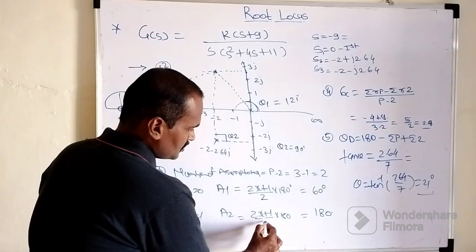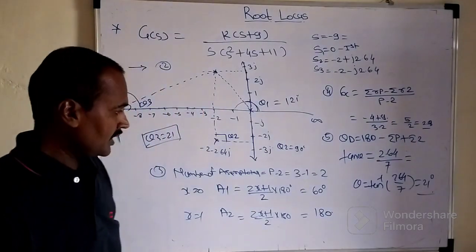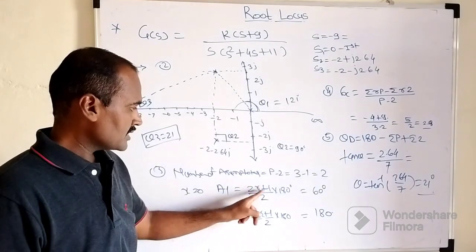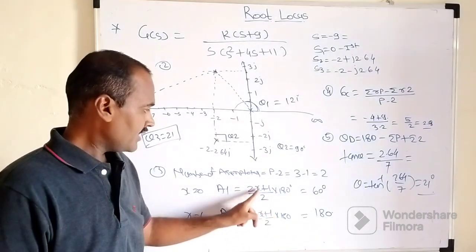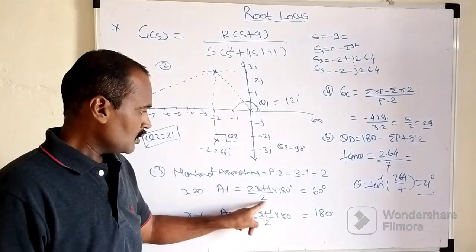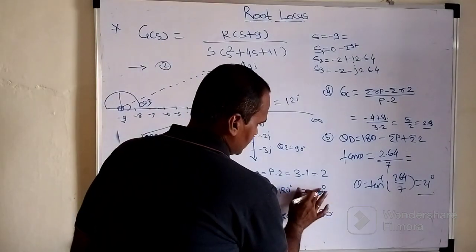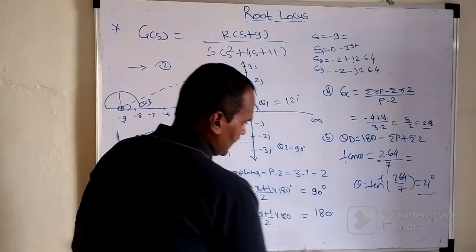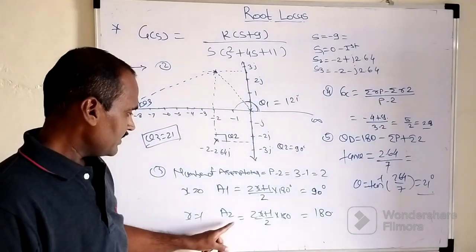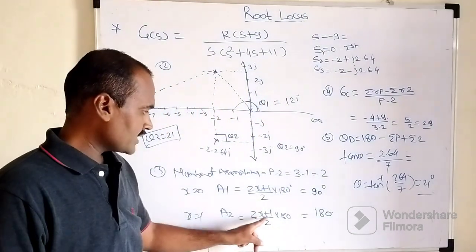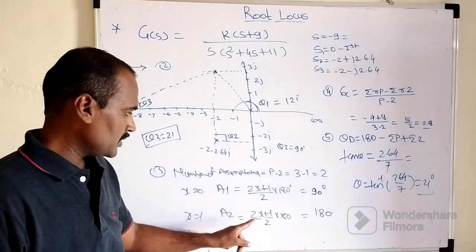Here number of poles equals 3, number of zeros equals 1. So it will become (2x plus 1) upon 2 into 180 degrees, where x equals 0, right? So 2 nines are 18, so instead of 60 degrees it will become 90 degrees, that we need to know.